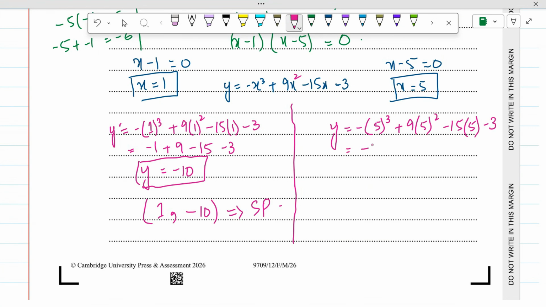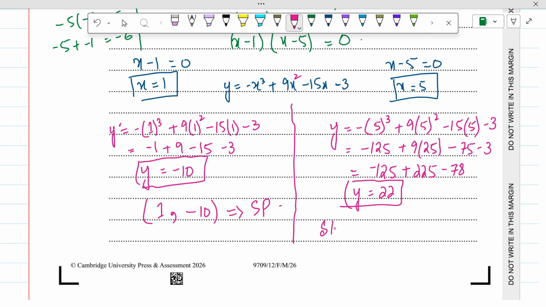In this case we will have negative 125 plus 9 times 25 minus 75 minus 3, which is equal to negative 125 plus 225 minus 78. Solving this, we will have y is equal to 22. So the y coordinate of the second stationary point is 22. So the stationary point has x coordinate 5 and y coordinate 22. So these are the two stationary points.